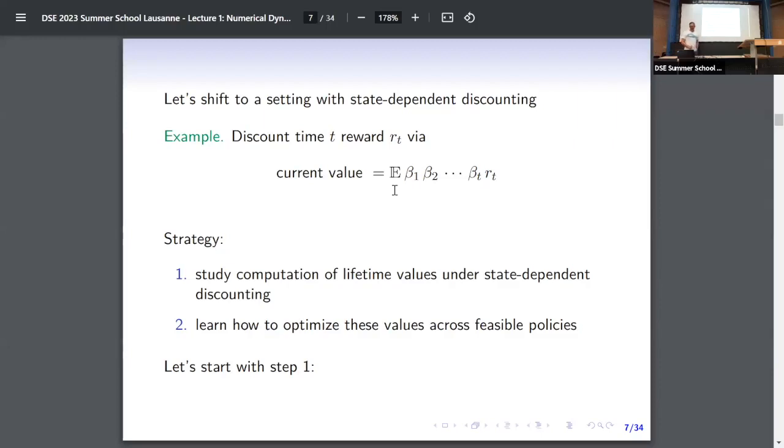So first, let's think about how to compute lifetime values when the discount rate is moving around. And then once we've figured out how to do that, let's think about how to optimize it. We'll bring in a theory of dynamic programming, then we discuss the algorithms, and then we'll implement the algorithm. That's it. So I'm going to start with step 1, which is computation of lifetime values in a scenario where we're discounting like this across these products.